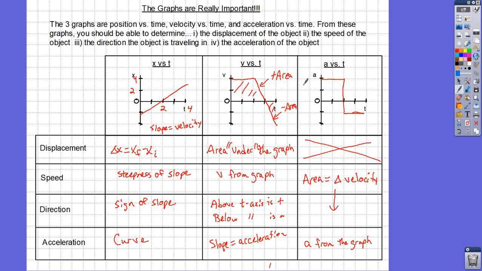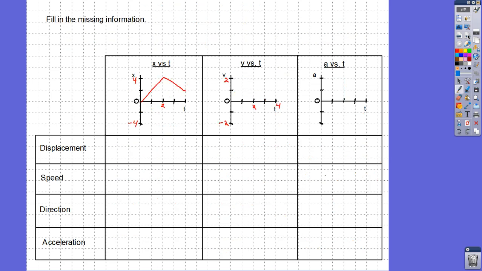Okay, so this is another place where I'm going to ask you to go ahead and pause the video for a minute. What I would like you to do on the next 3 slides is I have given you one of the graphs, and then I want you to figure out what the other 2 would look like. So in this one, I've given you the position graph, and I want you to draw the velocity graph and the acceleration graph for this situation.